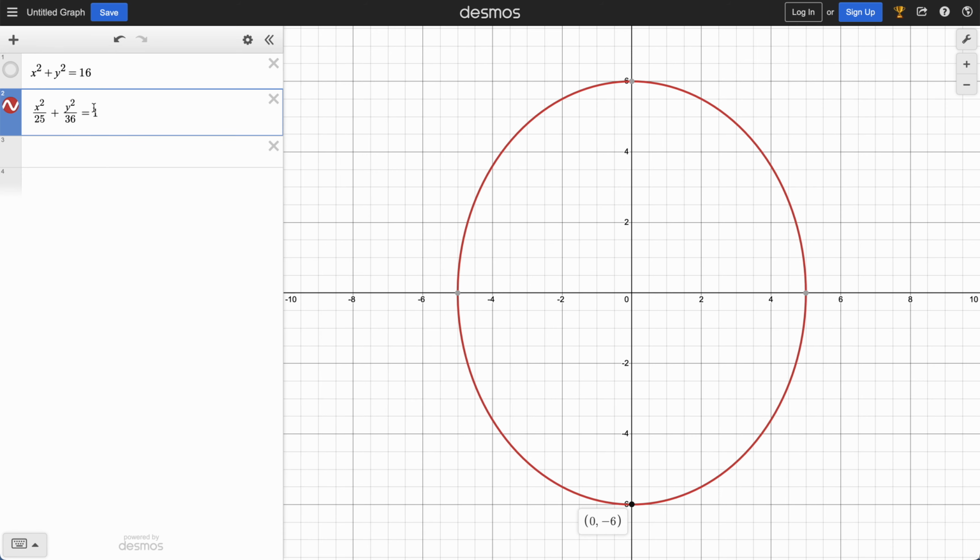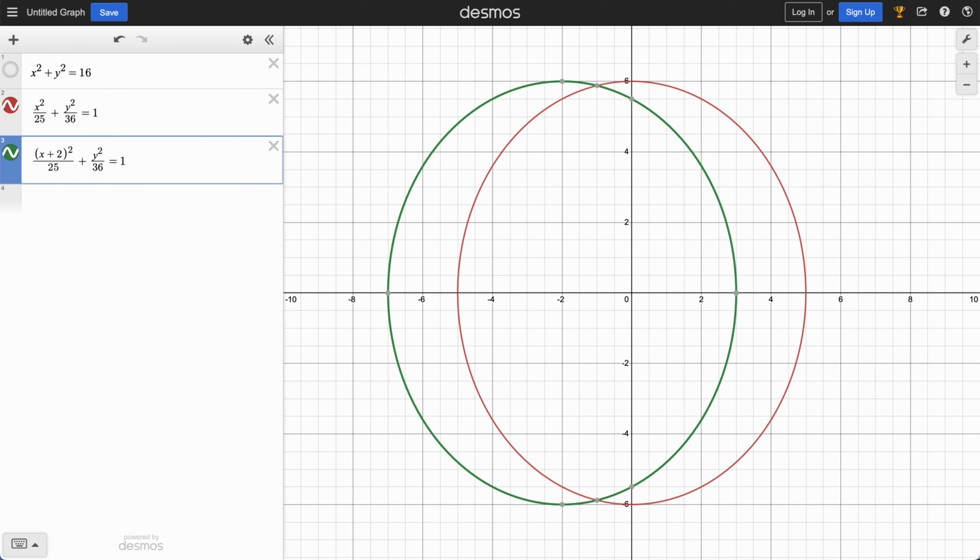Now, just like we did with the circle, I'm going to shift it, but I'm going to keep that original ellipse on screen because that's really important for us to be able to understand it. The green one is my new one. Here I added 2 to my x value, and it went from -5 to -7.